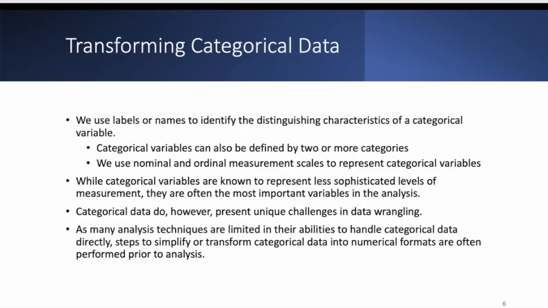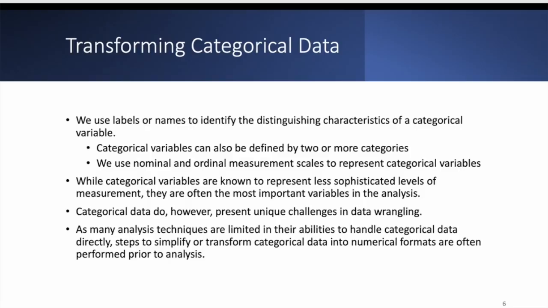Okay, now let's talk about how to transform categorical data. We use labels or names to identify the distinguishing characteristics of a categorical variable. For instance, a company may identify each customer as either male or female. Here, the sex of a customer is a categorical variable representing two values, two categories. Categorical variables can also be defined by more than two categories.